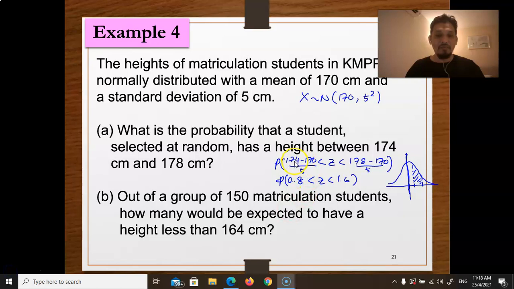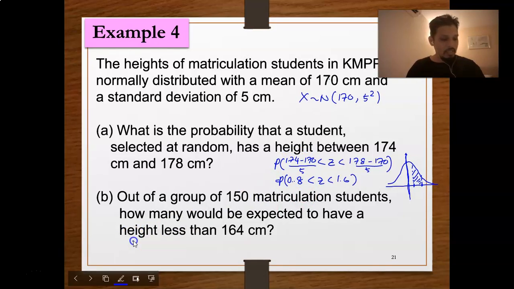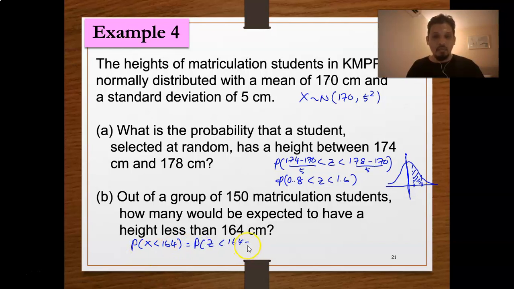So I just give you the rough calculation of the solution. Again, it is the probability of x less than 164, which is equal to the probability of z, 164 minus 170 divided by 5.